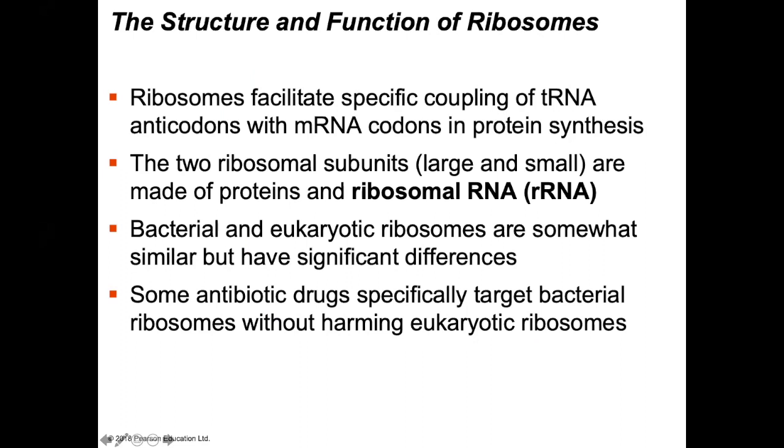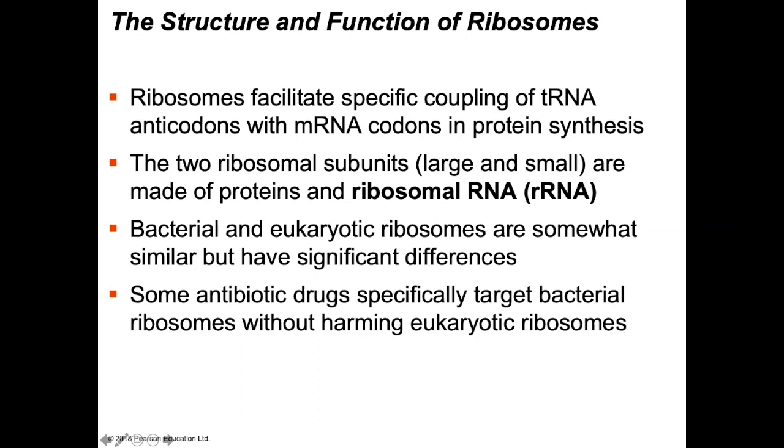But because of the wobble position, there can be several codons that can code for the same amino acid. And since the ribosomes are the sites for protein synthesis, we have to know what is in the ribosome that makes it the site for protein synthesis. So ribosomes facilitate specific coupling of tRNA anticodons with the mRNA codons in protein synthesis. There are two ribosomal subunits, the large and small subunit, which are made of proteins and ribosomal RNA.